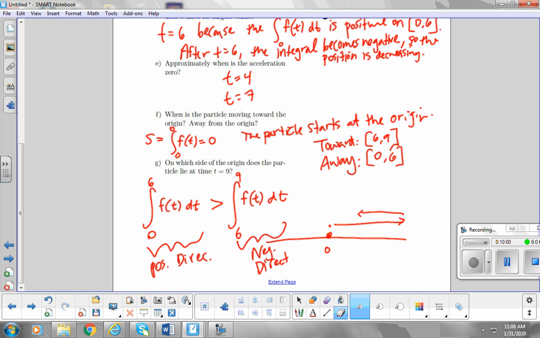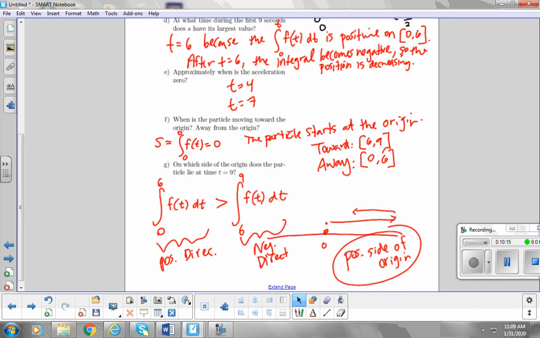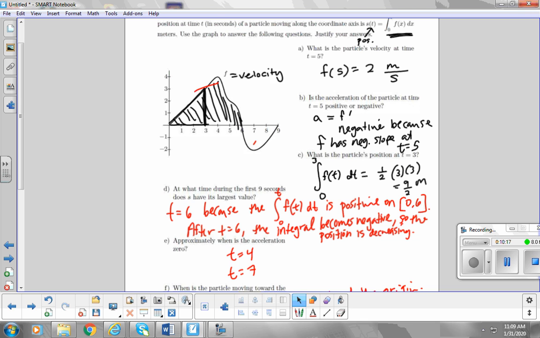But since the positive direction area is bigger than the negative direction area, you're going to end up on the positive side of the origin. You guys understand that? So this space here is bigger than this space here. So your movement in the positive direction will be more than your backstepping.